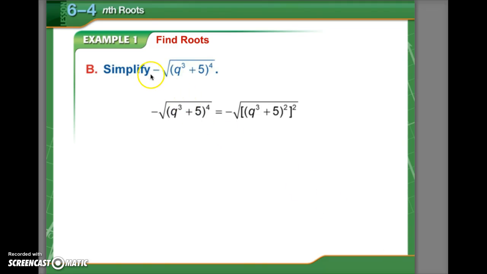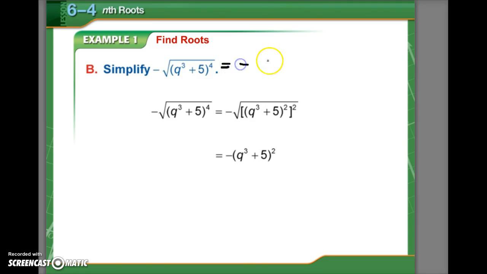Okay, so this time we have to simplify negative square root of q to the 3rd power plus 5, and all of that is to the quantity of 4th power. So when we break this apart, bring up my drawing toolbar again.